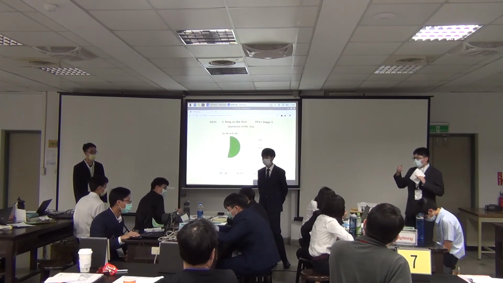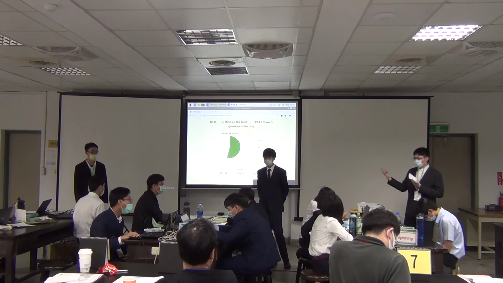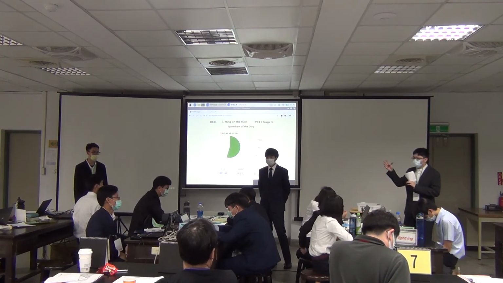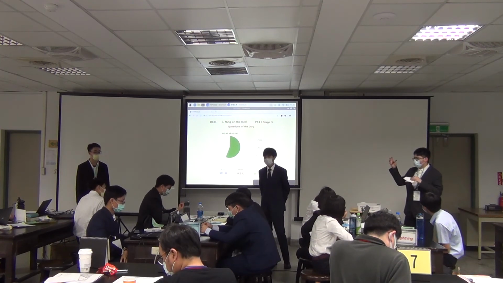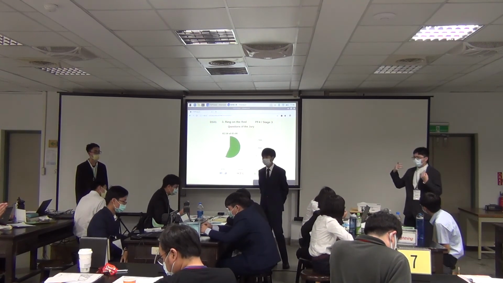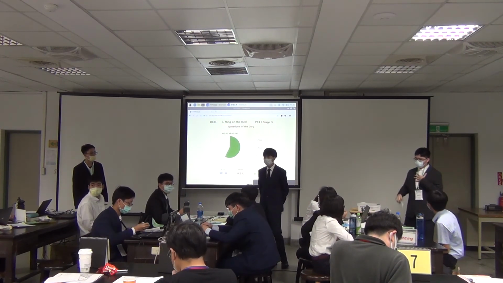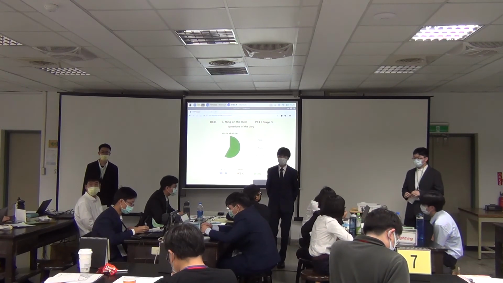So I'm not sure if it will affect, since from the formula there are no parameters about the angle. But how about your opinion? As for me, I think it will affect.